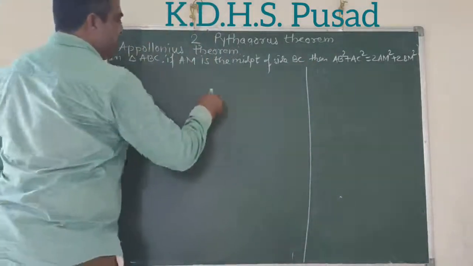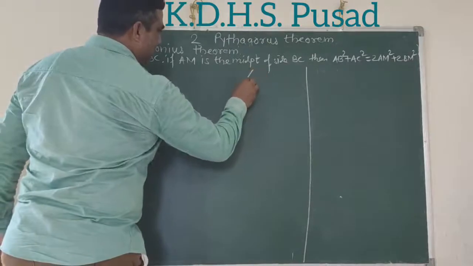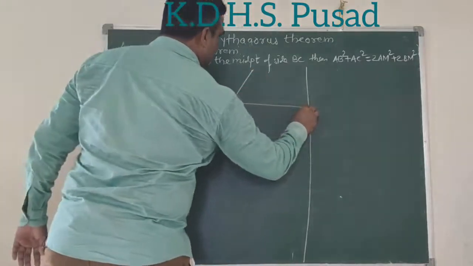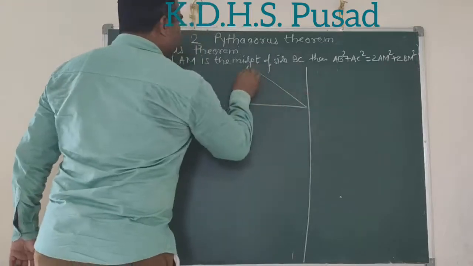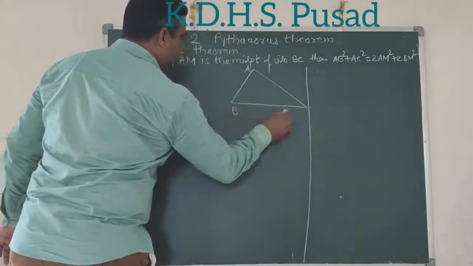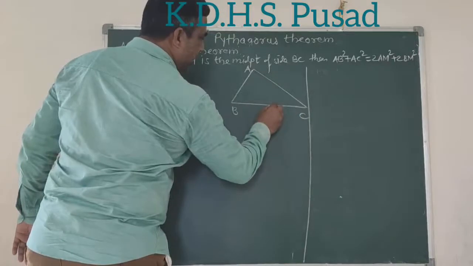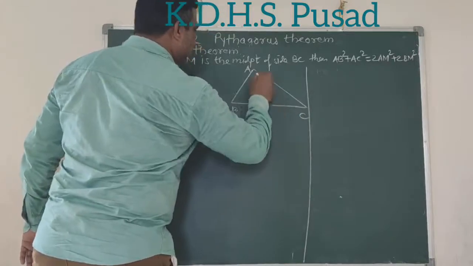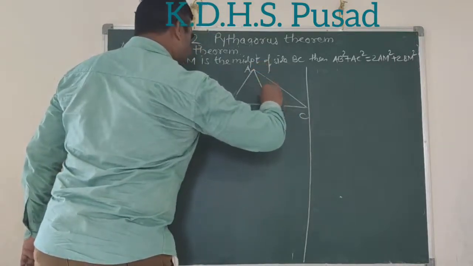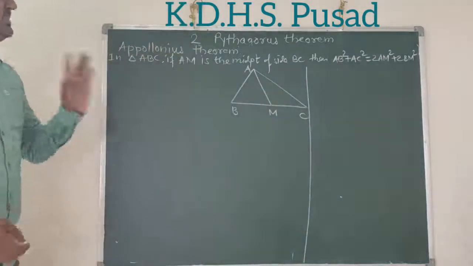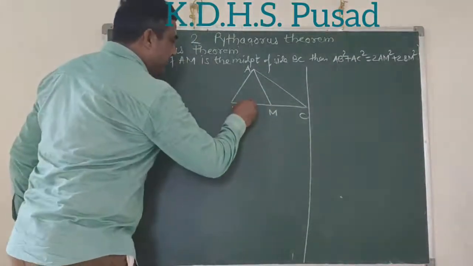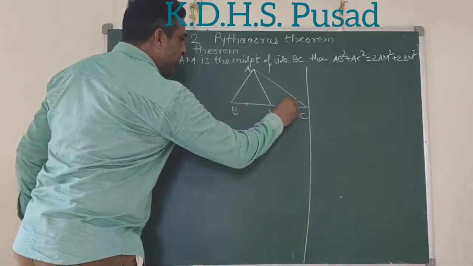Here first of all I will draw the diagram. In triangle ABC, AM is the median. As it is the median, these two parts are equal. AM is the midpoint of BC.